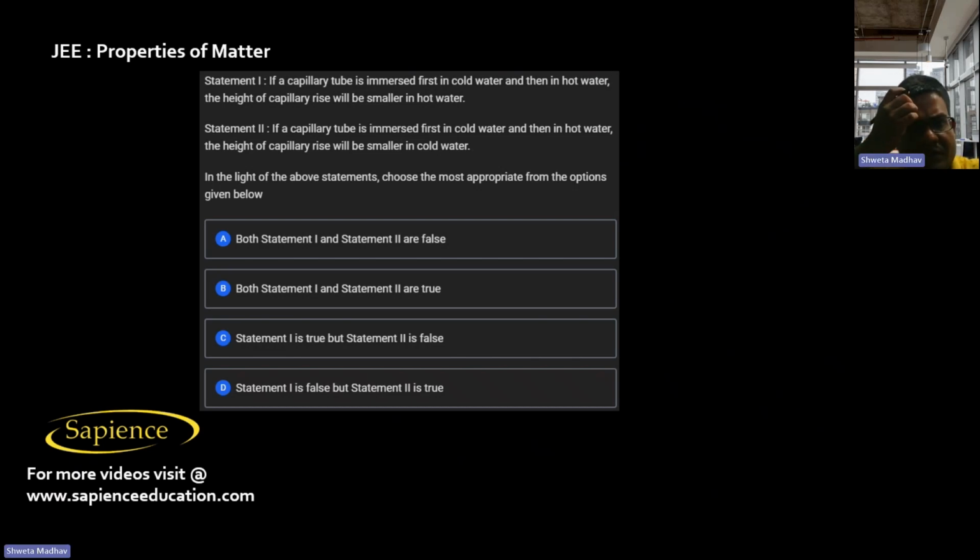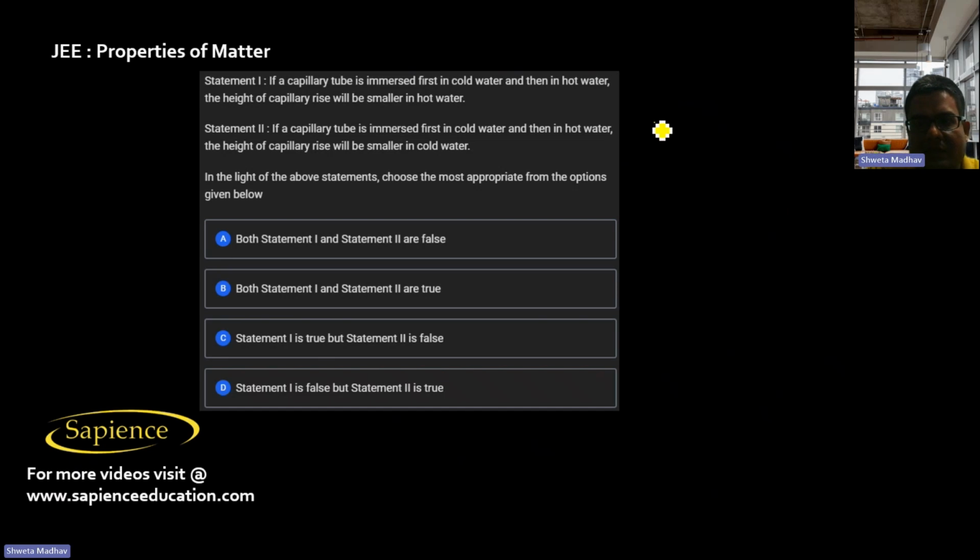So then the first statement is, if a capillary tube is immersed first in cold water and then in hot water, the height of capillary rise will be smaller in hot water.